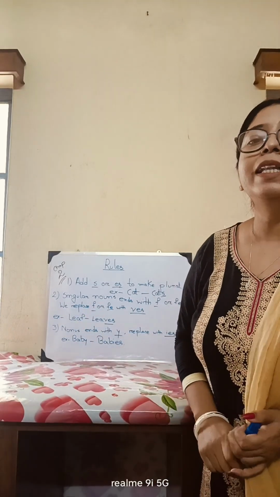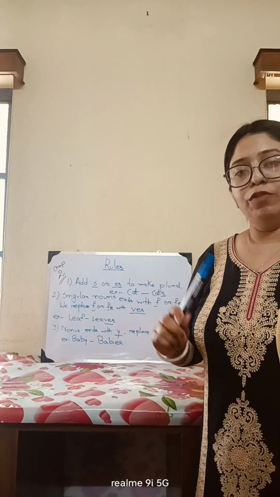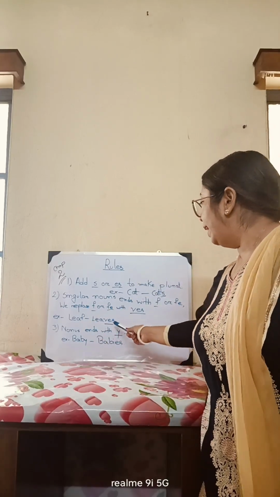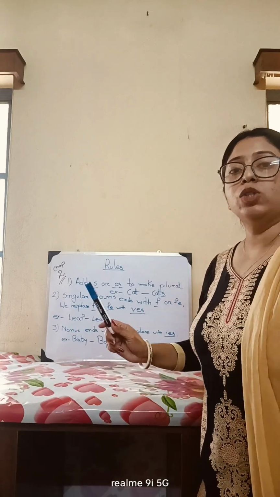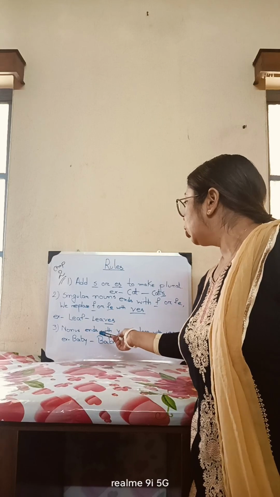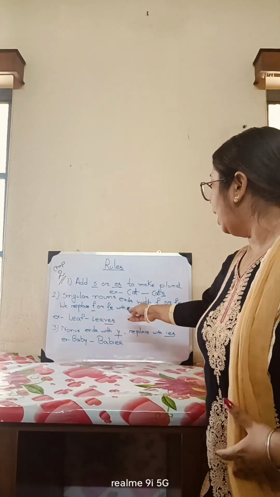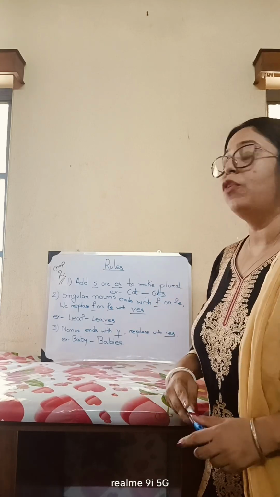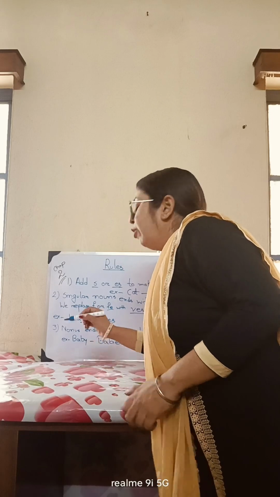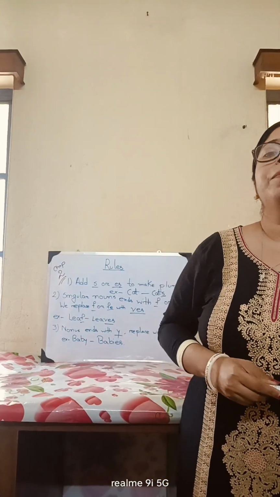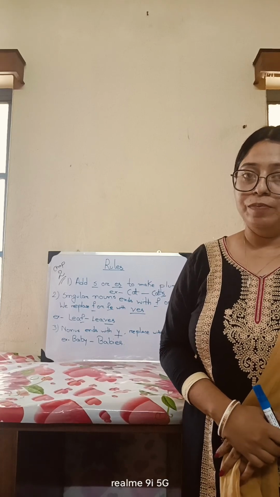Here the word leaf ends with F. So, to make the plural form of leaf, we replace F with VES. Rule number 2: the singular noun ends with F or FE, we replace F or FE with VES.